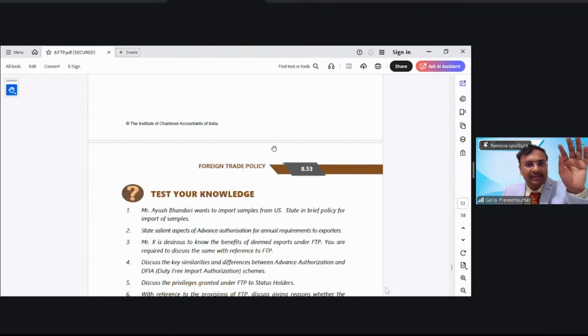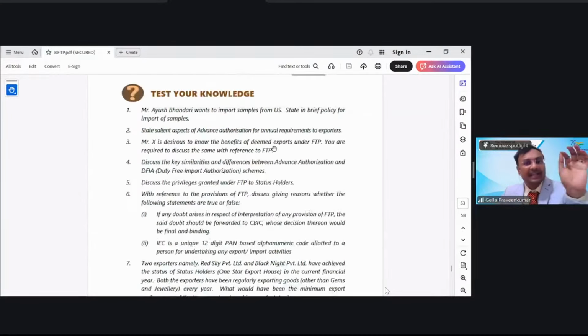At the end of this synopsis, you have Test Your Knowledge. Never ever attempt your examination without solving these questions under Test Your Knowledge. Again, I'm not promoting, I'm not saying that this is the way your exam pattern is set. But looking at the way the questions are being set, we try to understand where we need to focus. So if we don't have time, exposure, or understanding, don't worry.